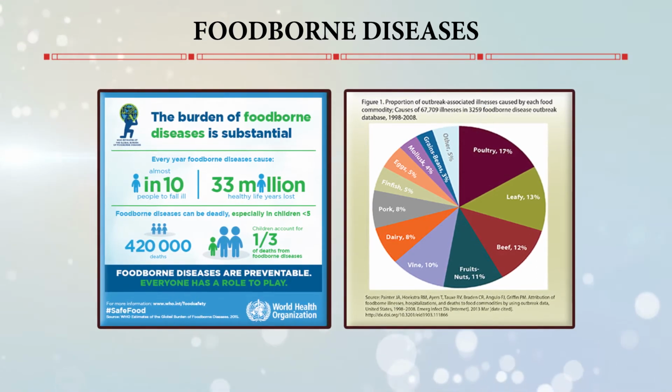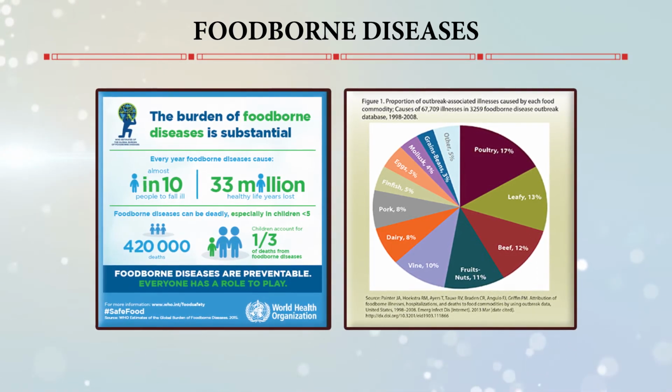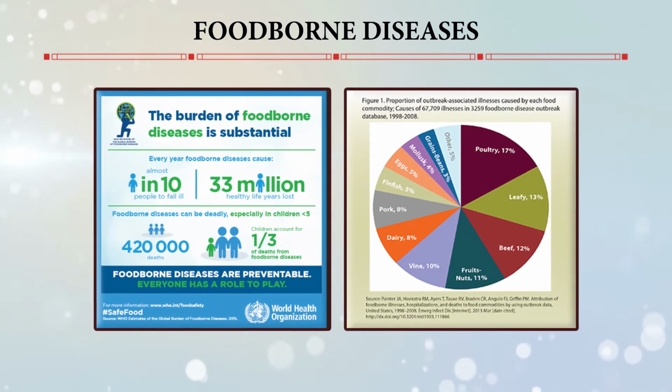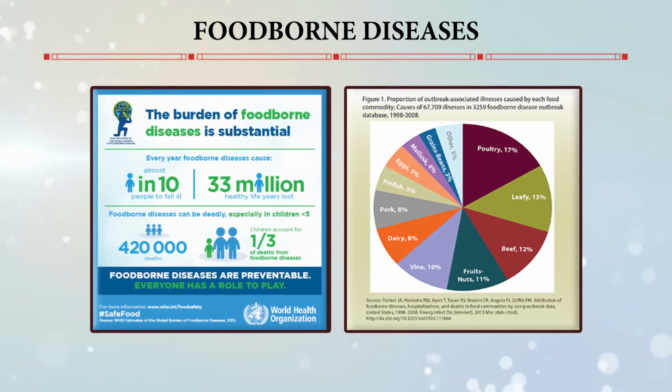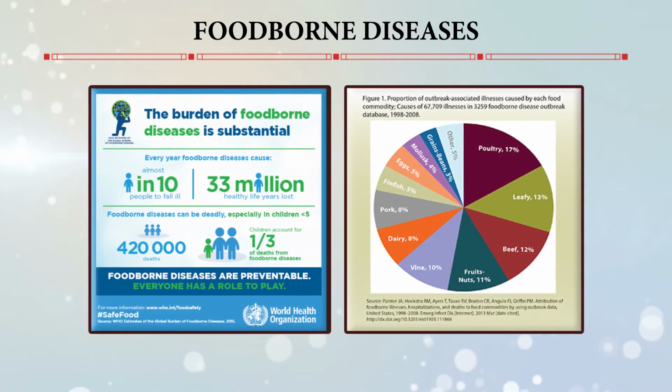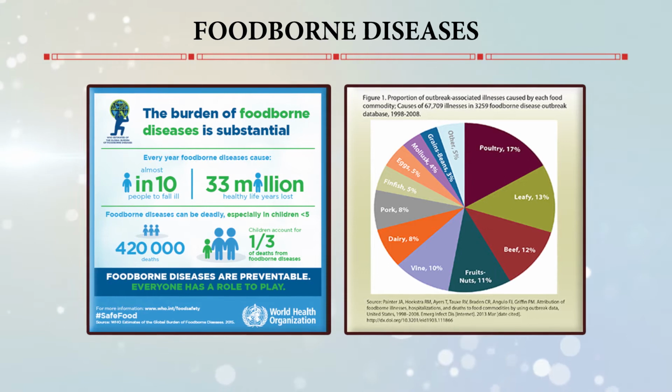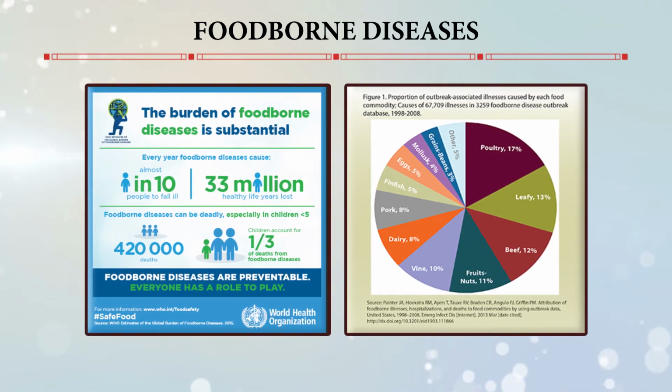Every year there are so many foodborne illnesses and diseases that are reported. 1 in 10 people fall ill, and 33 million healthy life years are being lost. So this is a matter of concern.